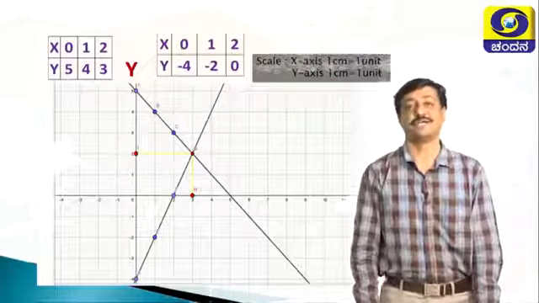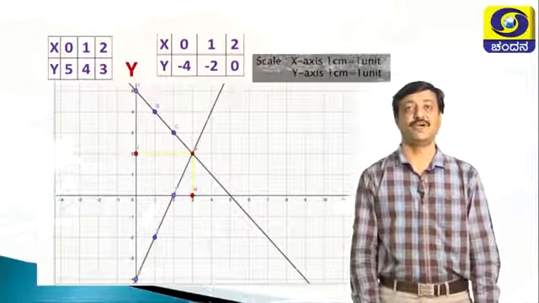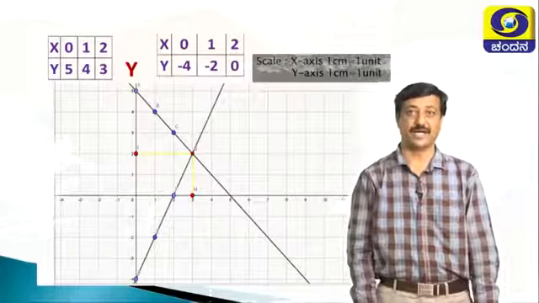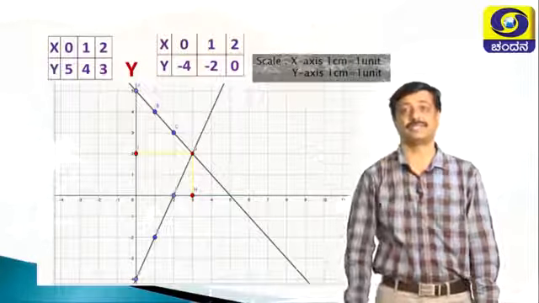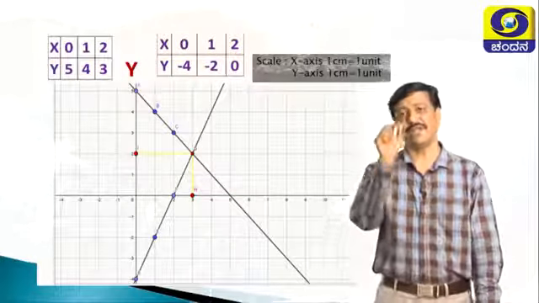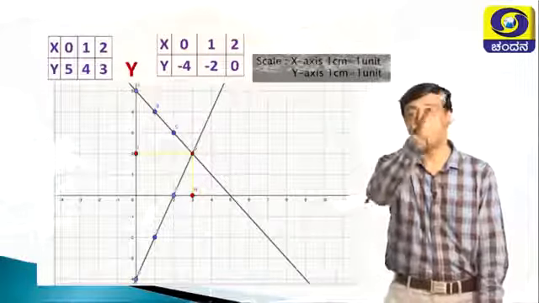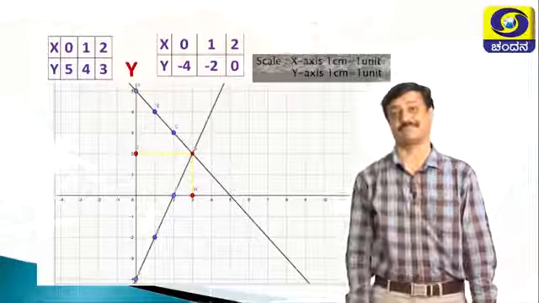After that, you have to locate the third point, that is 2, 3. You have to move 2 units towards positive x axis and 3 units towards positive y axis, upward. After locating all the 3 points for the first table, you have to draw a straight line and also extend the straight line.